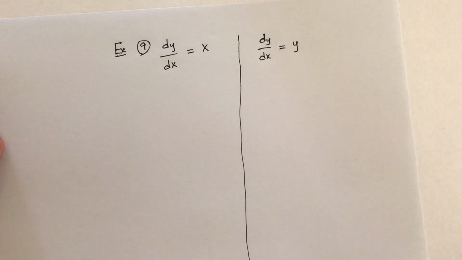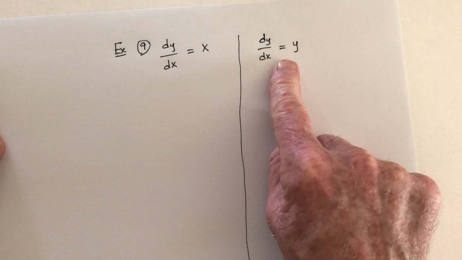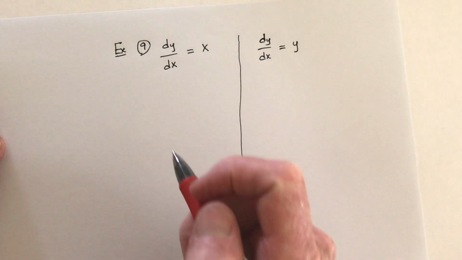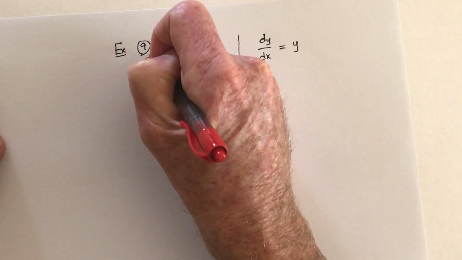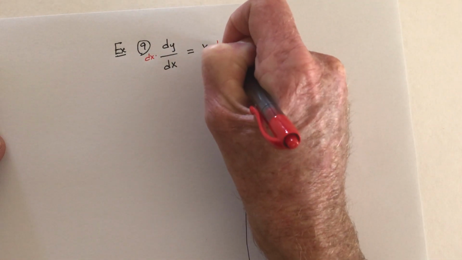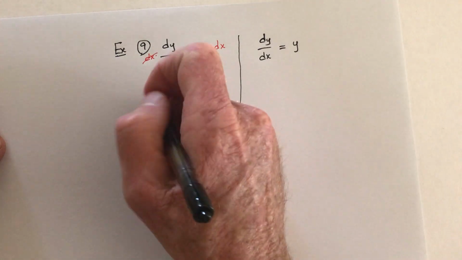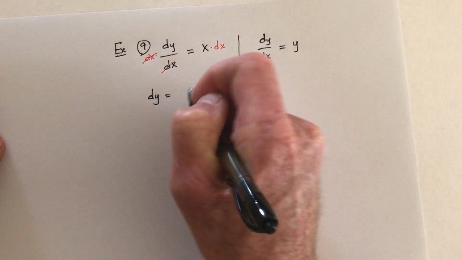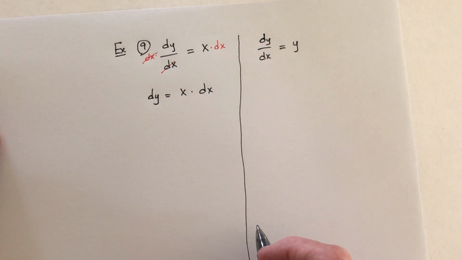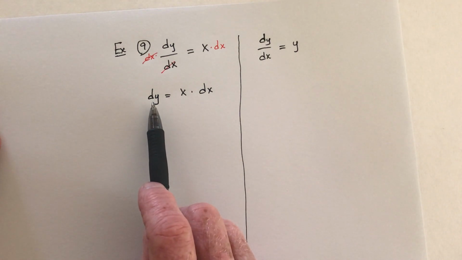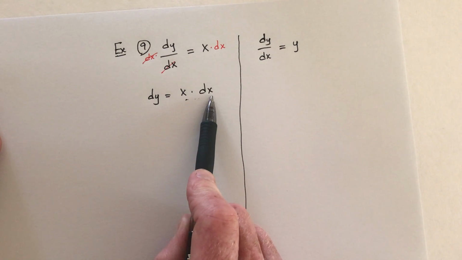But there is a different style, and that different style really is going to help when we go to do this one. Just like with u substitution, you separate the variables. You multiply both sides by dx, and after these cancel, it's only going to say dy equals x times dx. This is called separating the variables. The y information is on the left, the x information is on the right.